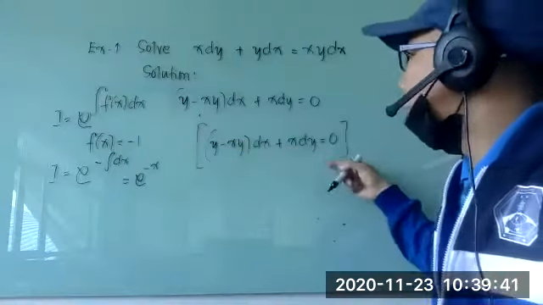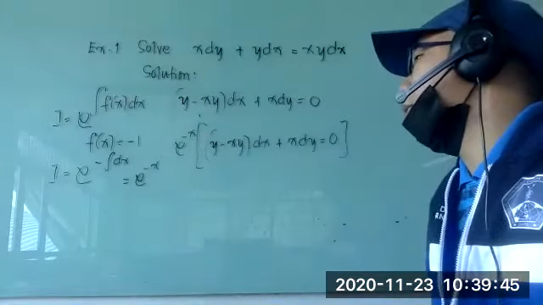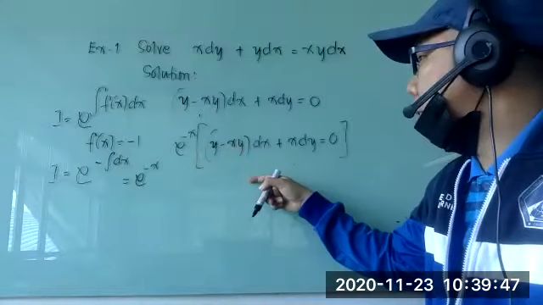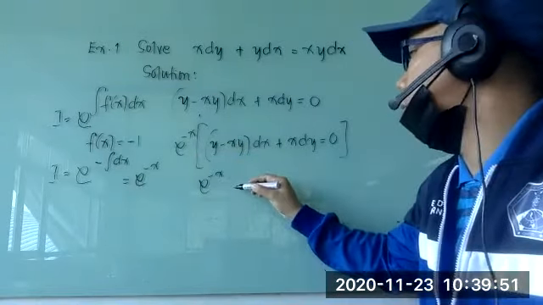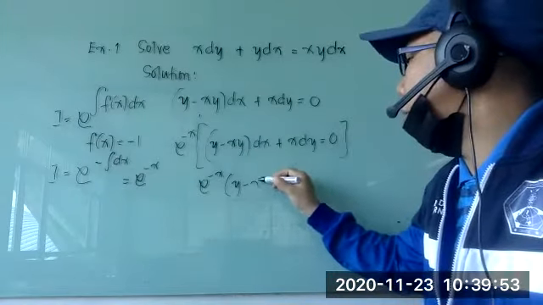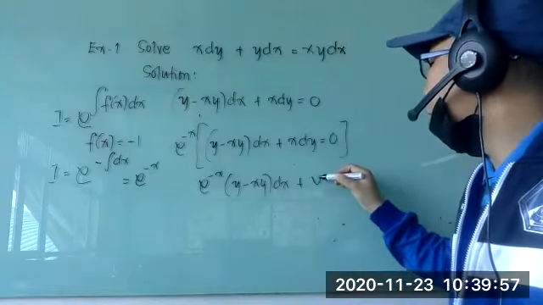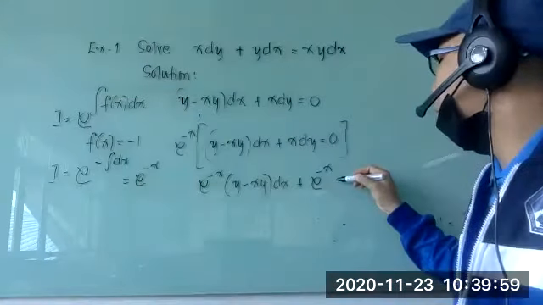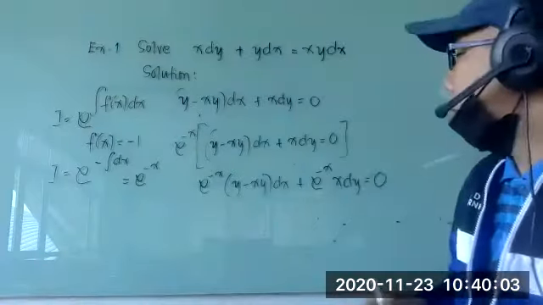We multiply the entire equation by e raised to negative x. Okay, so this becomes e raised to negative x times y minus x times y dx plus e raised to negative x times x dy equal to 0.